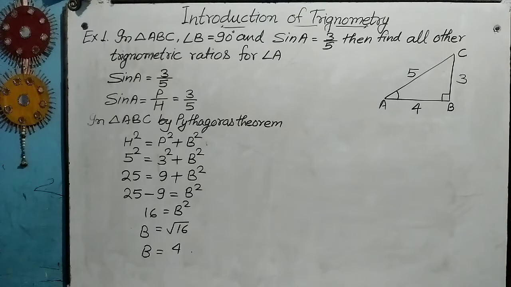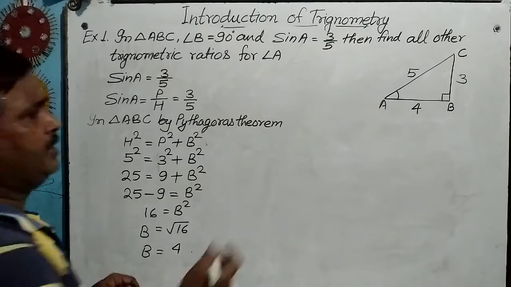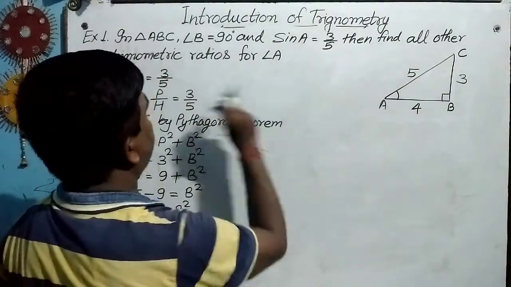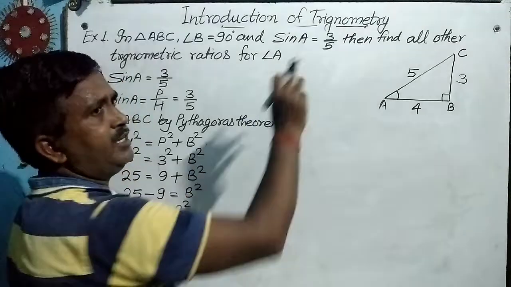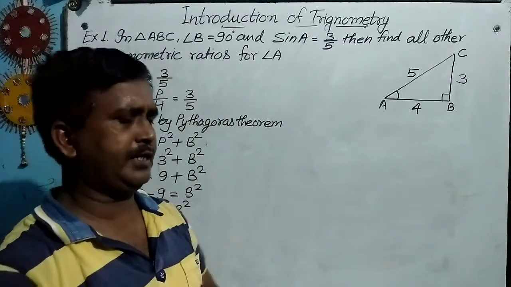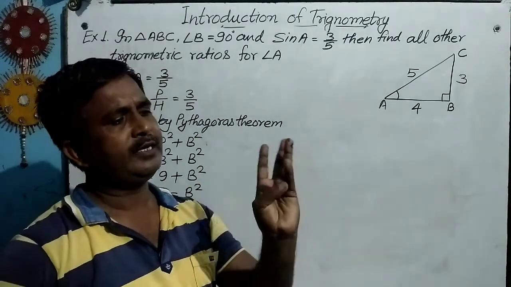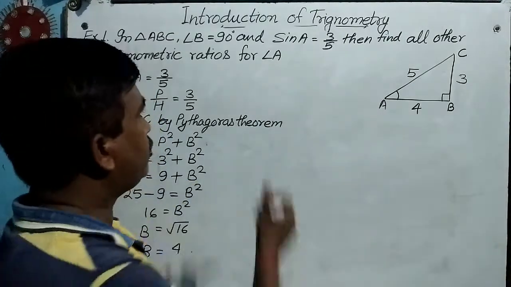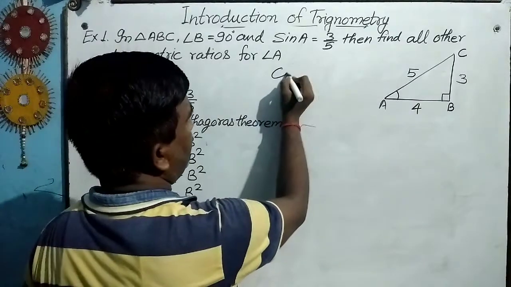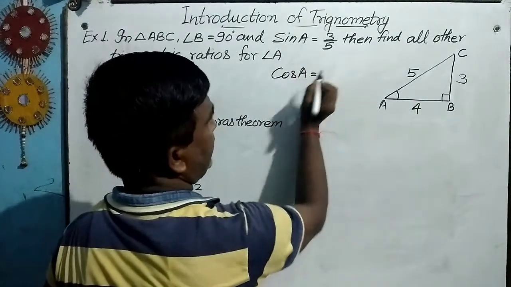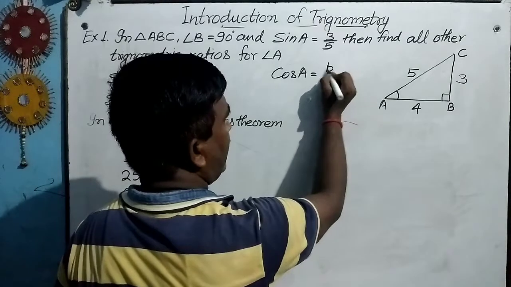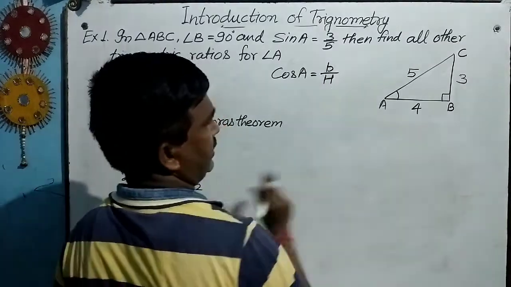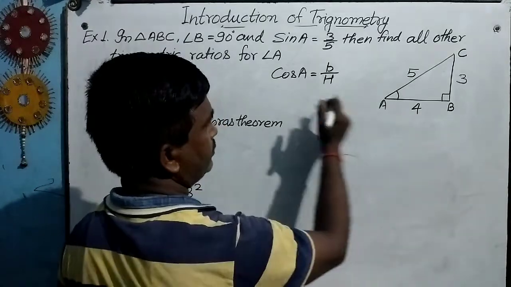You need in this question to find out all other trigonometric ratios for angle A. So you should find out for angle A. We already have sin A, so you need not write sin A, but cos A, tan A for angle A. So we have to write here cos A, and cos A is base upon hypotenuse, and the base is 4.